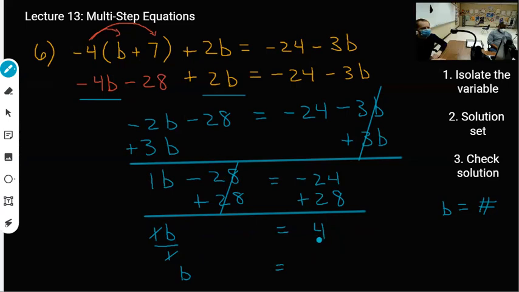If I divide by 1 on the right side, I'm not really changing anything, right? 4 divided by 1 is still going to give me 4. So that goes inside my solution set. All right, so I know that b has to be 4 for this whole equation to work out. So let's go ahead and check that solution on the next slide.